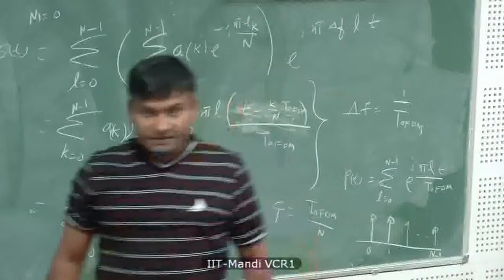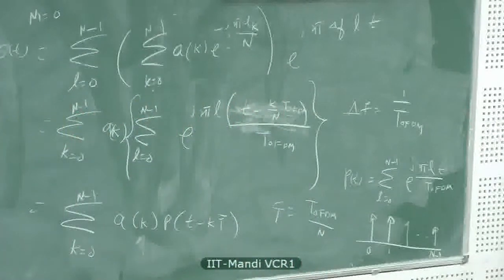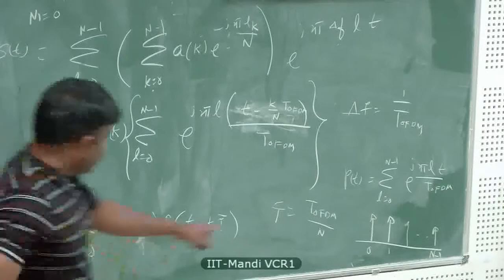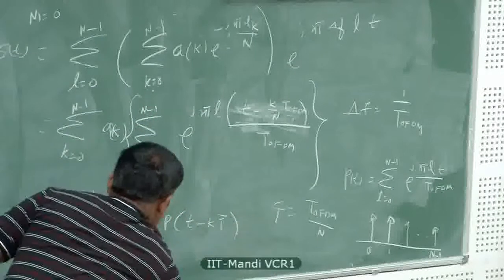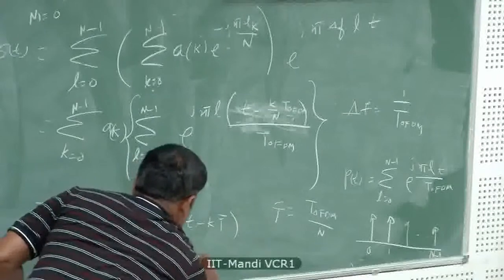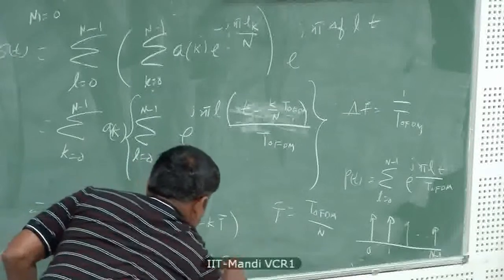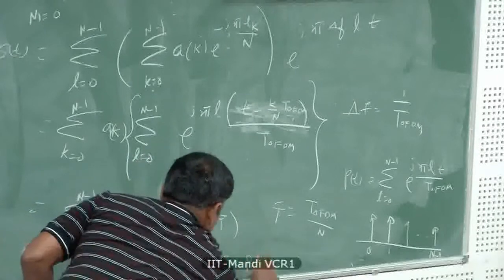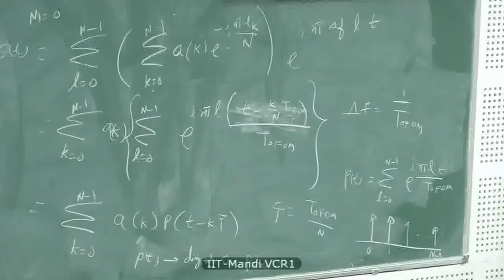P of t. It's a sync pulse, time limited. So I would call it not sync but digital sync. It's an approximation to sync. This P of t is a digital sync pulse. Do you agree with that?